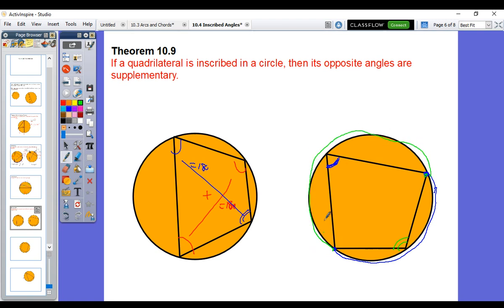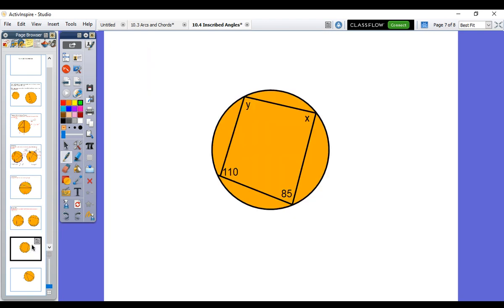If I put these two arcs together, that makes 360. And if both of these are half of their opposite arcs, that means together they're half of 360, which is 180. Supplementary, 180.